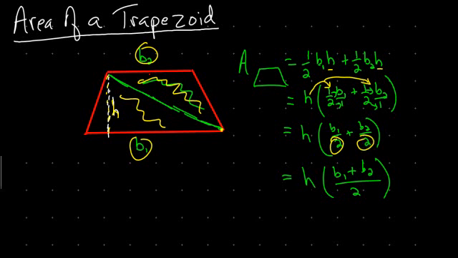So let's say that our base 1 here is 5, and let's say that base 2 is 3. So our height equals 2. To find the area here, given that information, we have area equals h, which is 2, and let's say it's 2 inches.